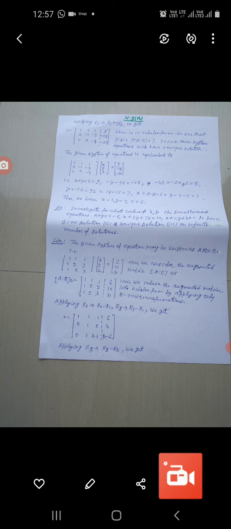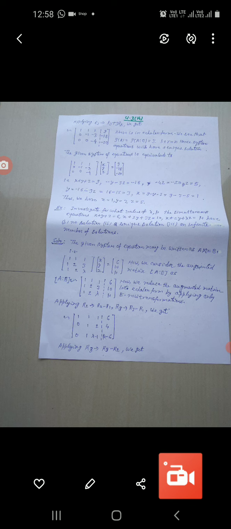and we get AB equivalent to 1 1 1 6 in the first row. In the second row, subtract R1 from R2, you will get 0 1 2, and 10 minus 6 equals 4. Similarly, subtract R1 from R3, you will have 0 1 lambda minus 1, and mu minus 6.